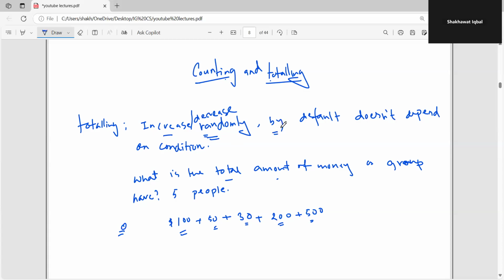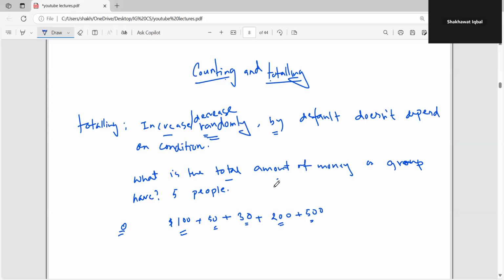Now, this is a super important thing. By reading the question, you have to understand whether they are putting any condition or not. If so, it will be a conditional totaling. By default means naturally it does not depend on any condition. Like if I ask what is the total amount of money you have, I didn't add any condition. I didn't ask that only if your amount is greater than 200 can you add it to the total.